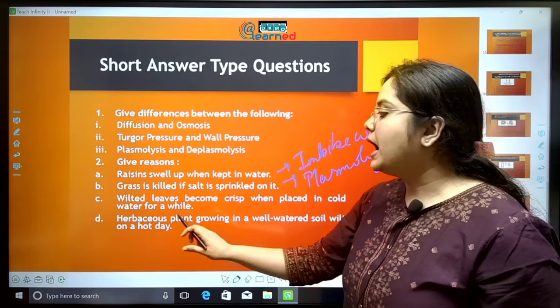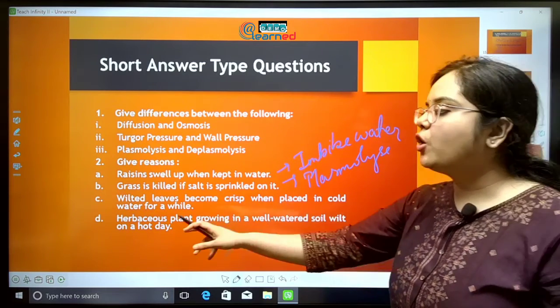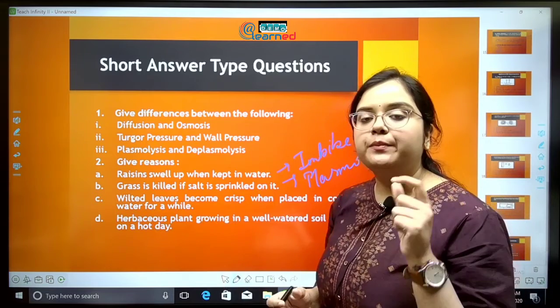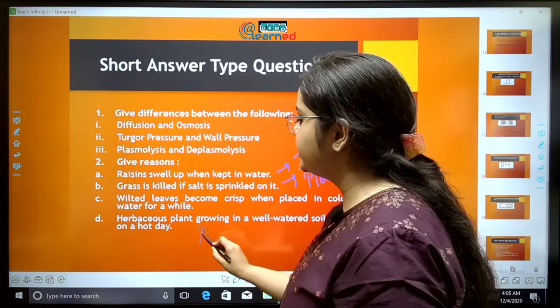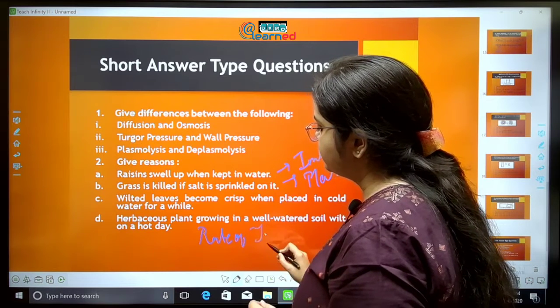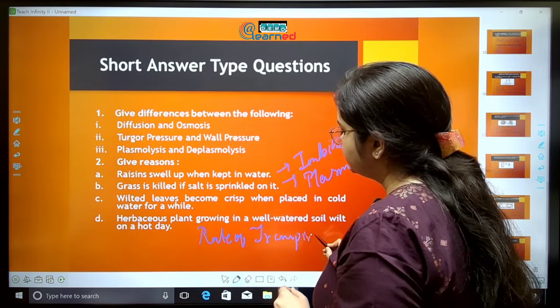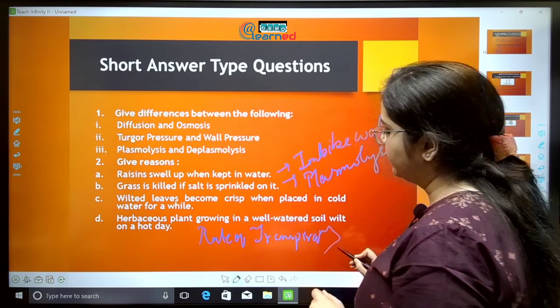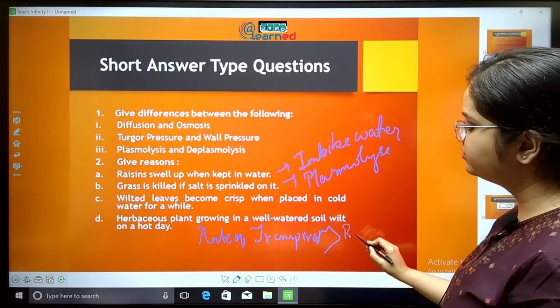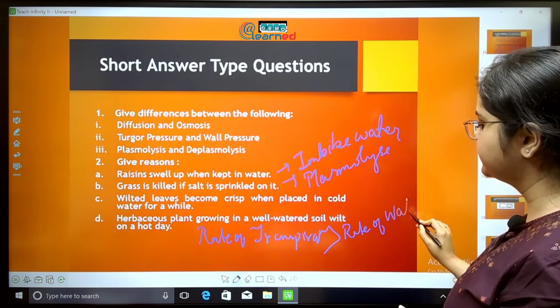Okay. Herbaceous plants growing in well watered soil wilt on a hot day. Why do they wilt? Because the rate of transpiration on a hot day is more than the rate of water absorption. That's why they wilt.